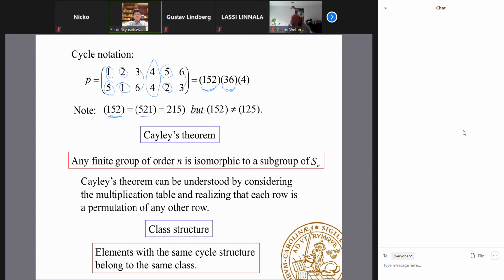But it is not the same as (1 2 5) because there we change the order. So the ordering of the cycle is important. That is also clear.